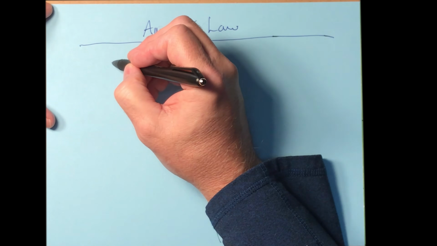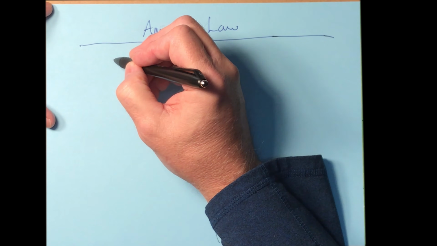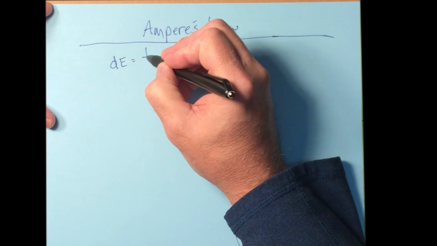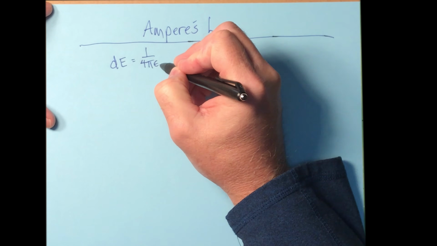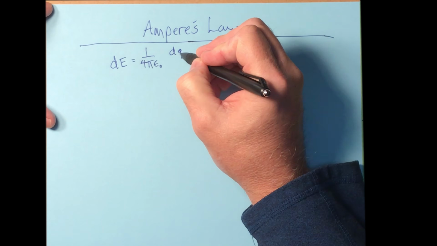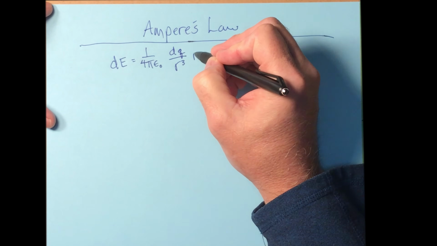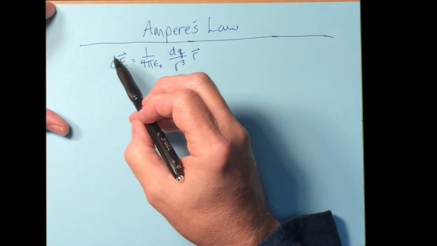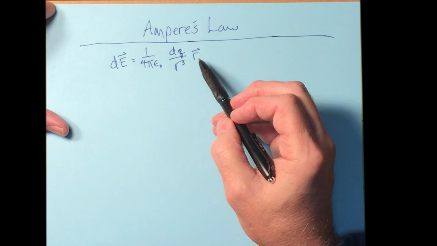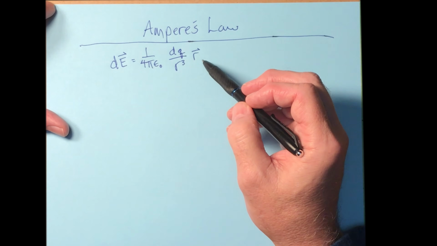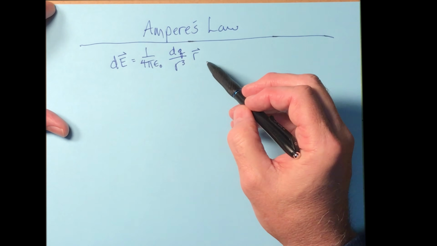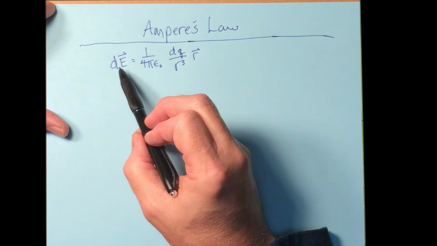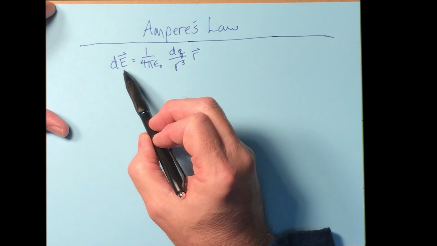For example, when we talked about electric field, we came up with an equation that looks something like this. So this is a vector equation, and this is stuff that you should be familiar with at this point, but we used this to derive equations for complicated charge distributions, to derive the equation for the electric field.